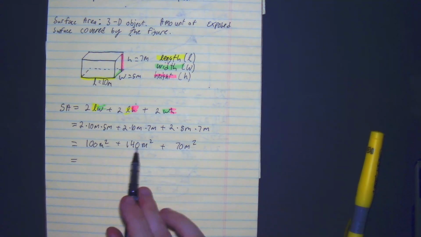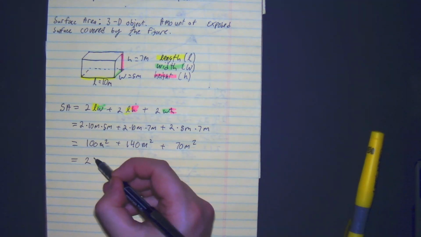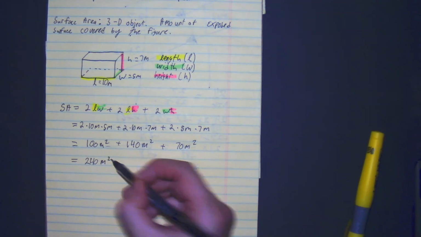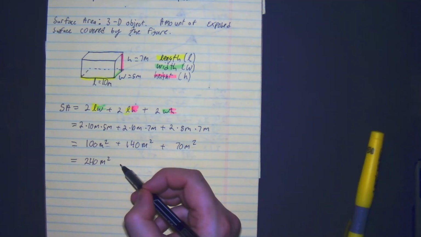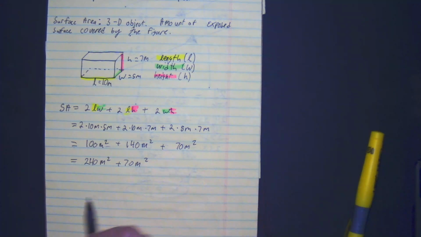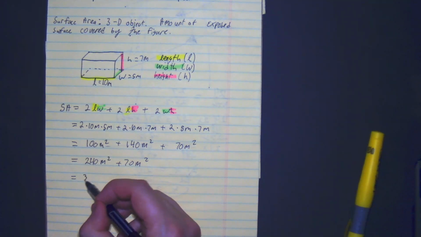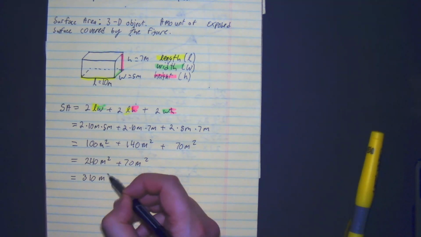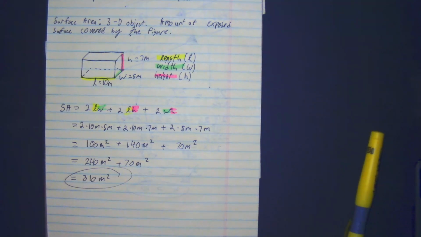From here, 100 plus 140, 240 meters squared, plus 70 meters squared. Final answer here would be 310 meters squared. So the amount of space covered by this rectangular prism would be 310 meters squared.